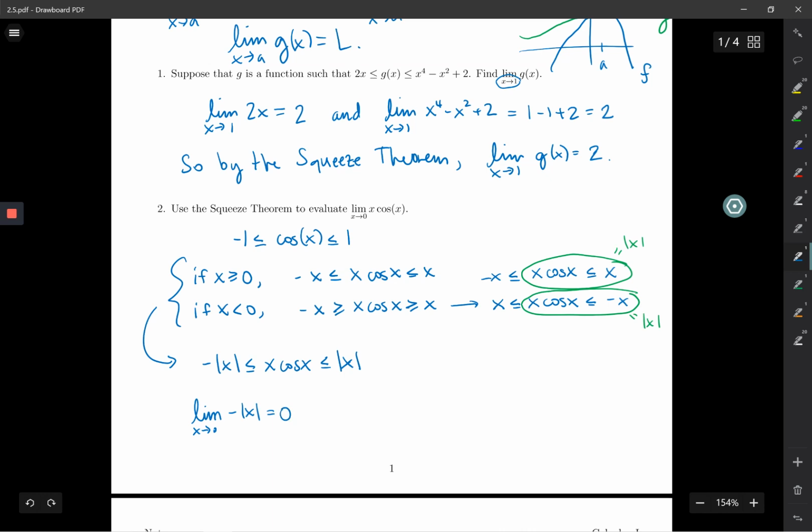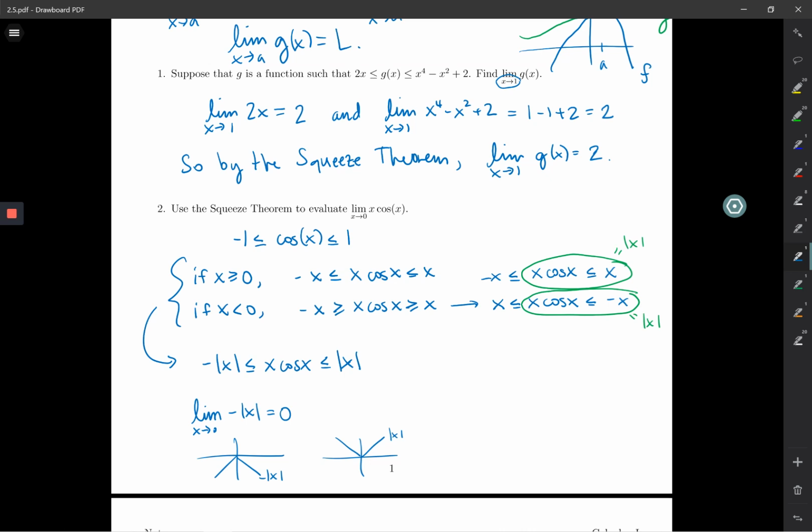One way of seeing that is to notice that the absolute value of x, its graph looks like a V. This is absolute value of x. So negative absolute value of x would just be that flipped over the x-axis. Okay. So we can see from the graph that it is approaching 0.